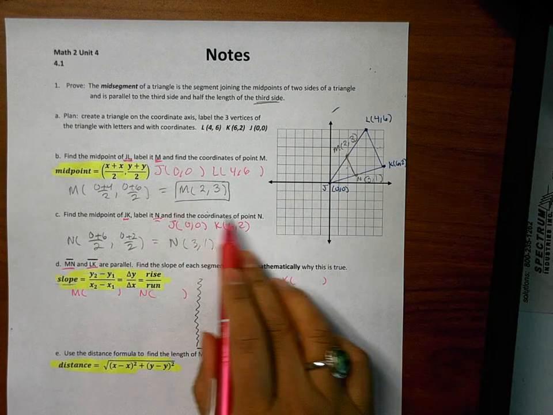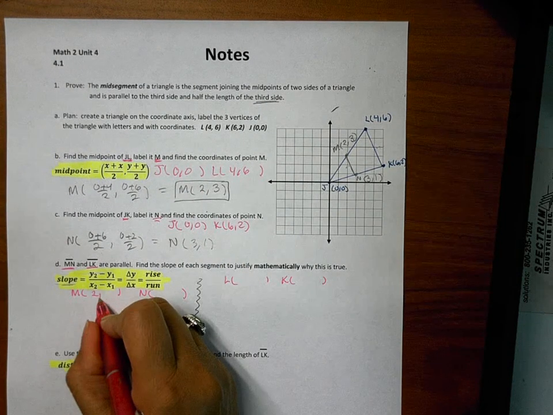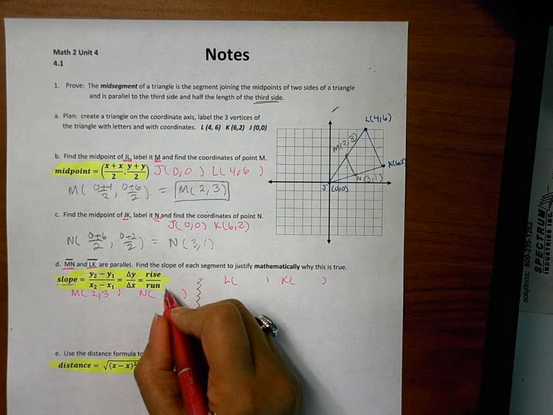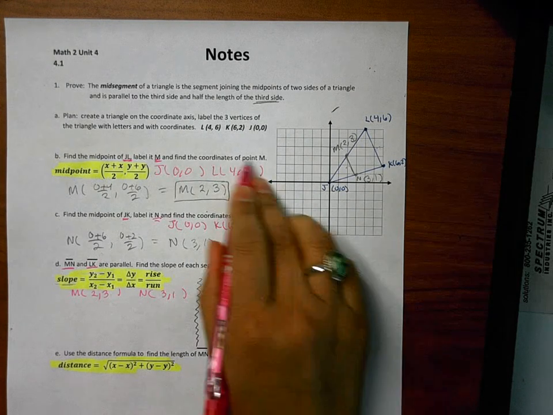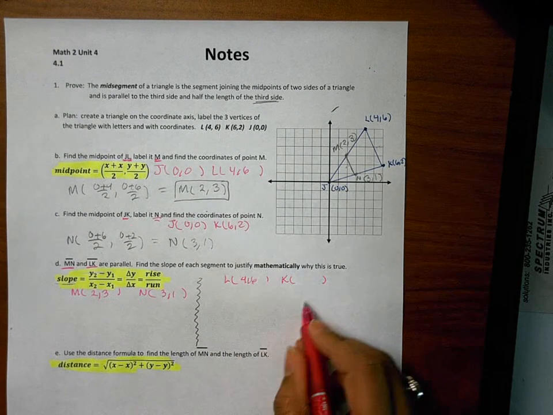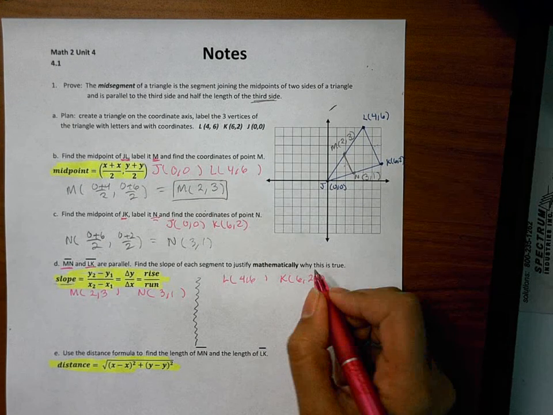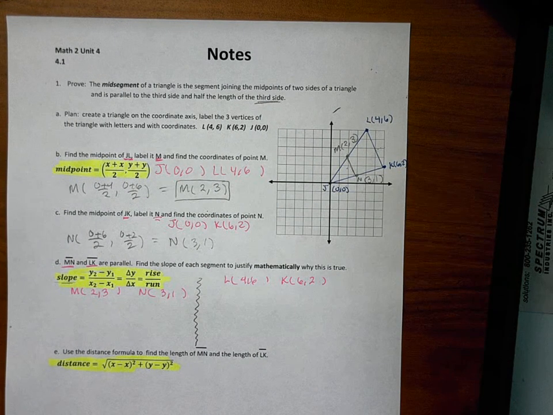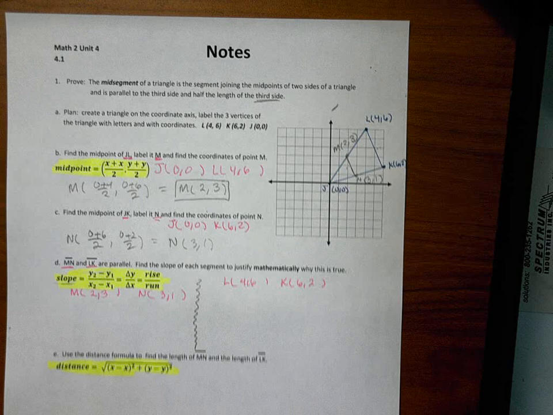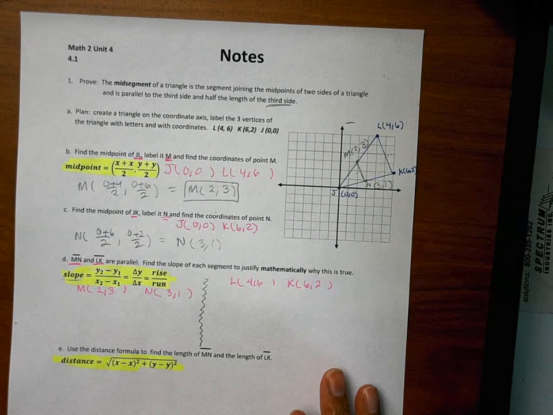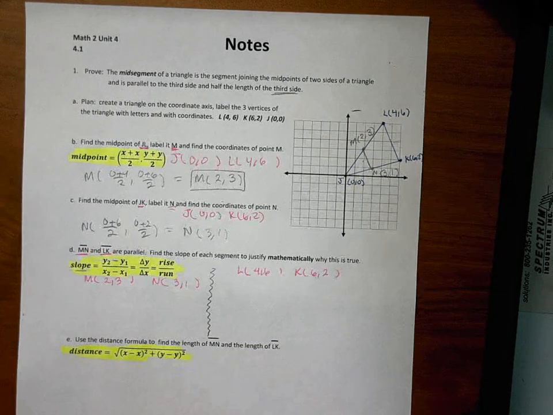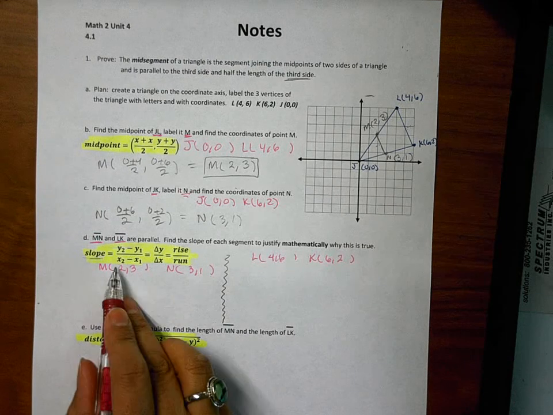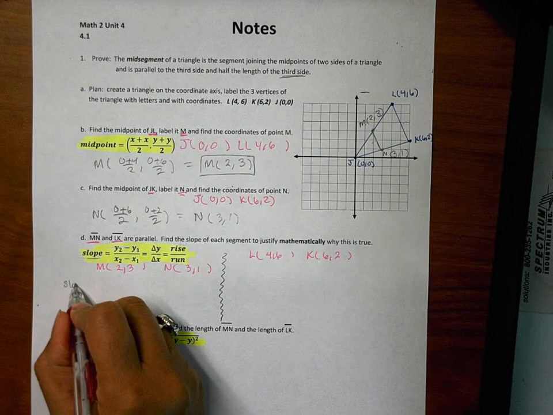So again, keep everything nice and neat and labeled. M is, where's my M? 2, 3. And N is 3, 1. L is 4, 6, and K is 6, 2. And I can't emphasize how important it is when you're doing this on your own to label everything properly, so when I'm grading, I'm not having to figure out where all your work is and what you were doing.